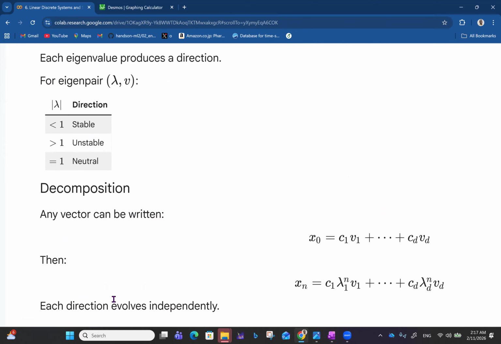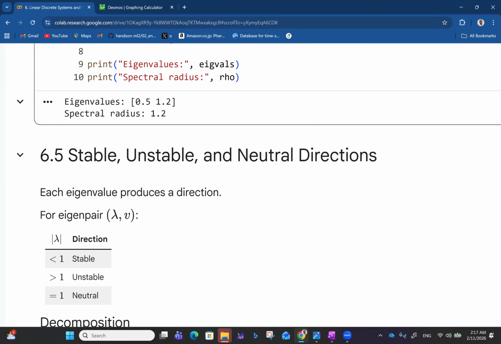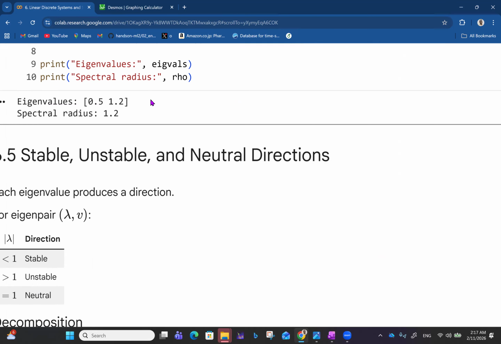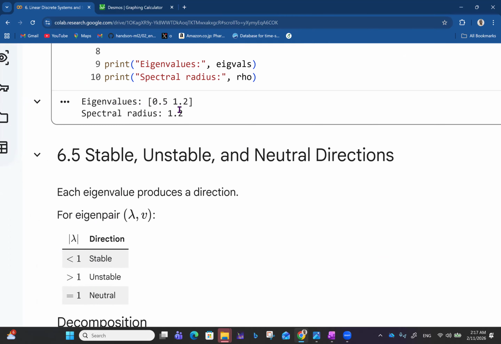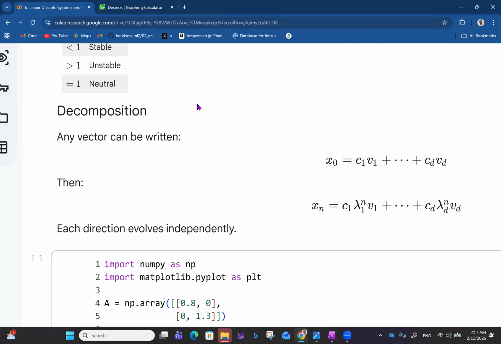If we decompose, any vector can be written as x_0 equals c1 v1 plus all that up to cd vd. Then x_n is c1 lambda 1^n v1 up to cd lambda d^n vd. So each direction evolves independently. In this case, you have the eigenvalues 0.5 and 1.2. This one is moving towards stability and this one towards instability, but the 1.2 dominates the system.